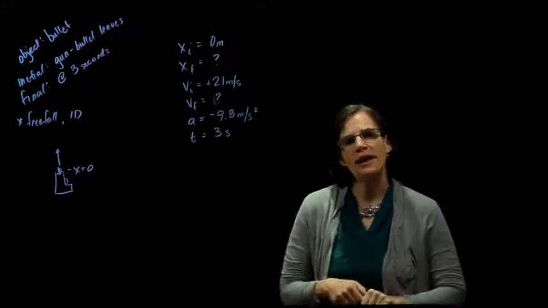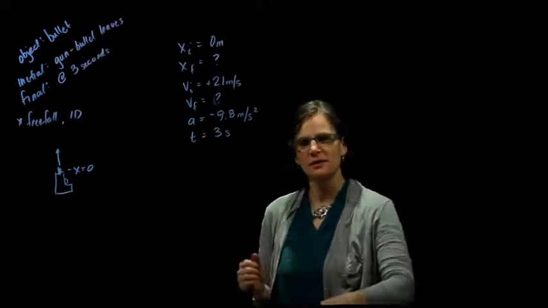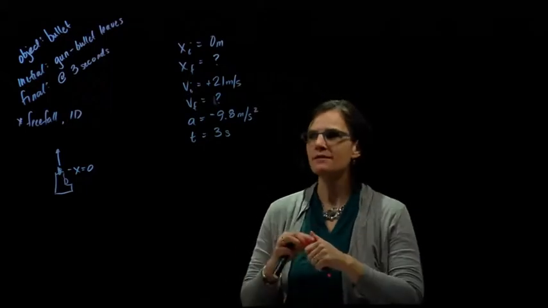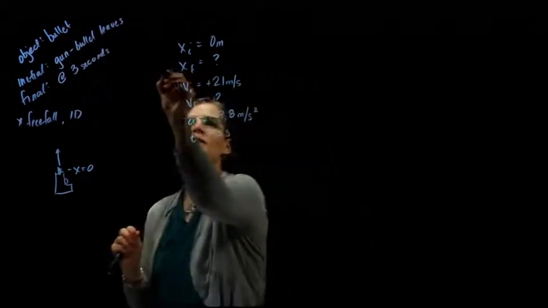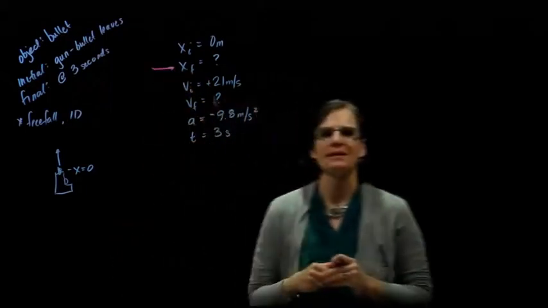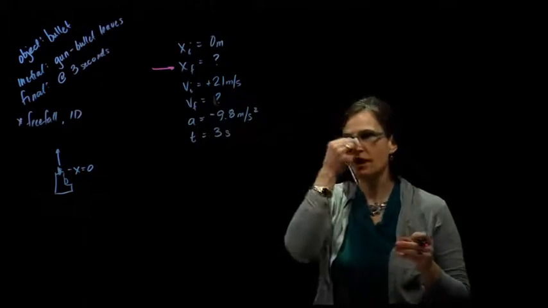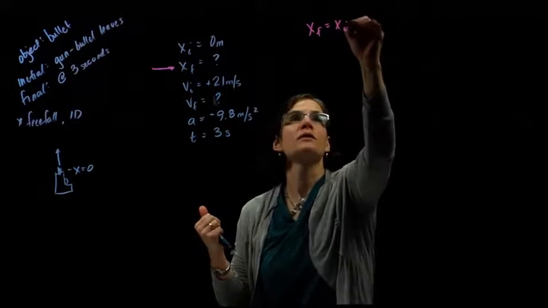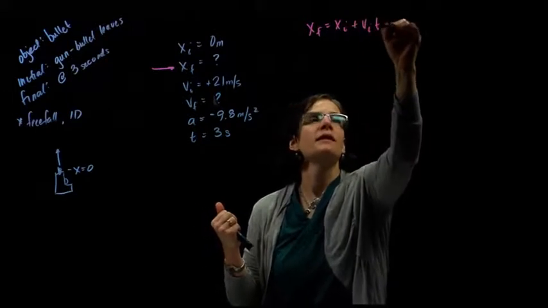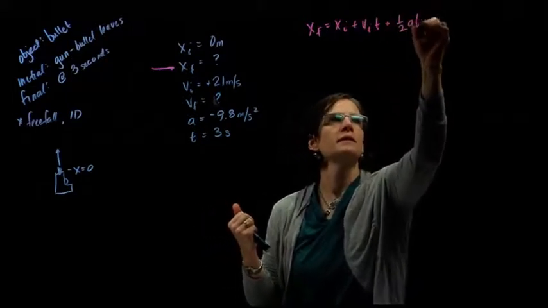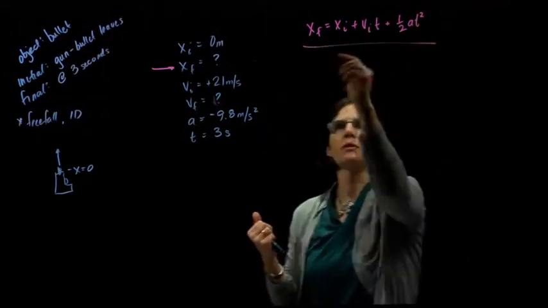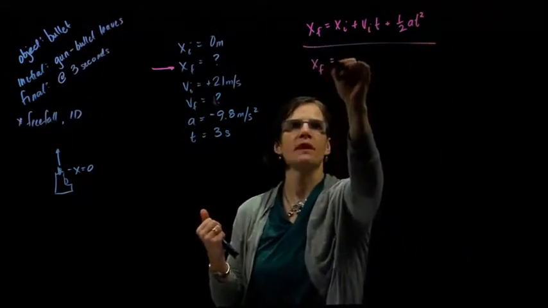Okay, part A was, how high does the bullet go after 3 seconds? Well, if 0 is our initial position, we've defined it as the origin, our final position is going to be how high. And we know that final position is one of those powerful equations that we have, and we can use it to identify that final position. So X final is our question mark. That's what we want to know.